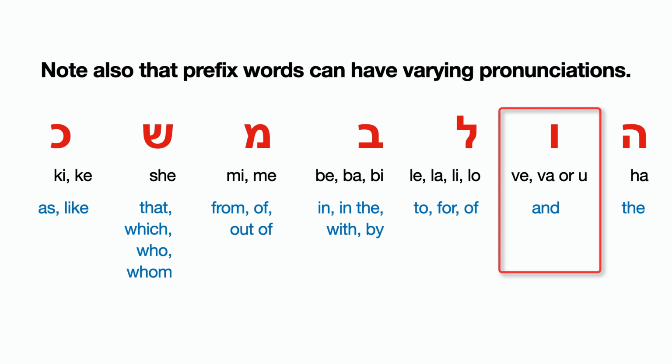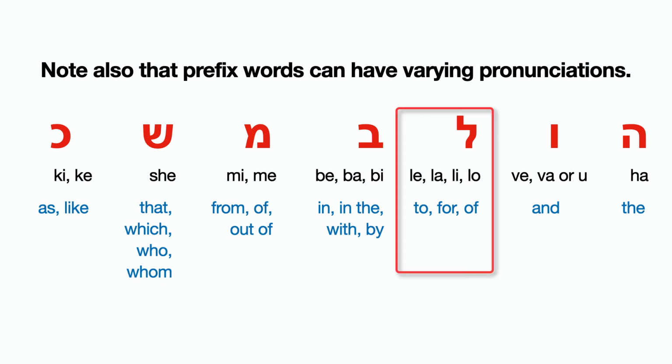For the word that means and, which is written with a vav, it could be pronounced ve, va, and sometimes u. For the Hebrew word that means to, for, or of, it could be pronounced as le, la, li. Sometimes it could even be pronounced as lo, but most of the time it's le.